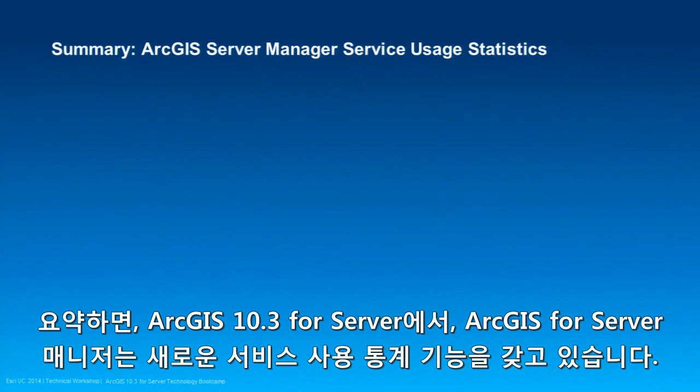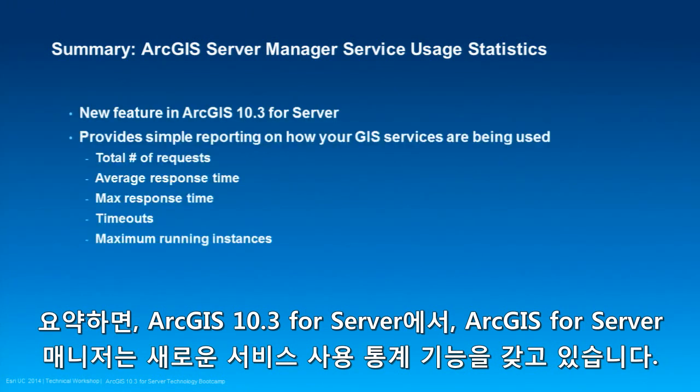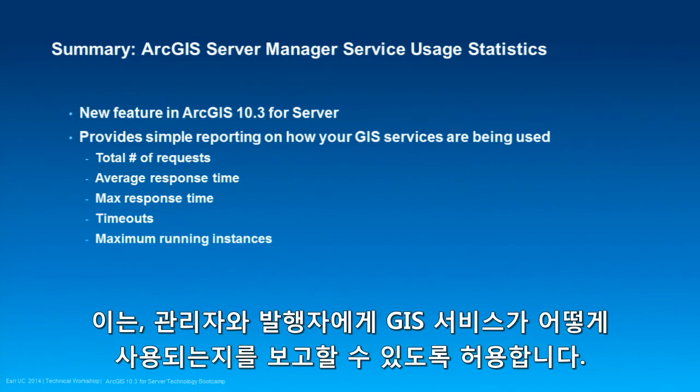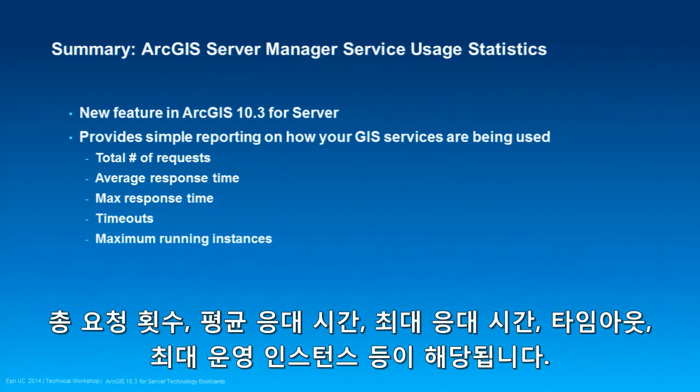So to summarize, at Server 10.3, ArcGIS Server Manager has a new service usage statistics functionality, and it's a new feature in the 10.3 release. It allows administrators and publishers to get some reporting on how their GIS services are being used. You can get information on the total number of requests, average response time, maximum response time, timeouts, and maximum running instances.